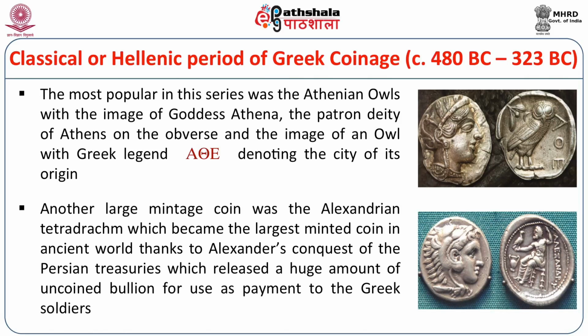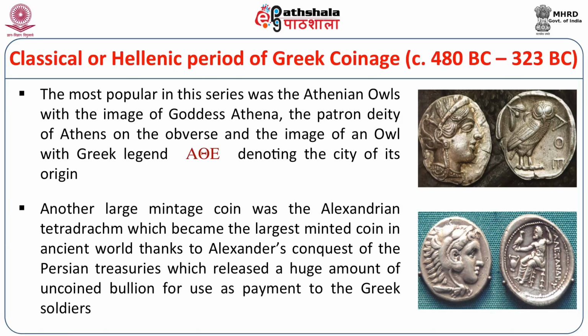And if you look very closely at this slide, you would see that the image of the owl is very well designed and executed on the coin itself. So this tells you that at about this period, the Greeks were very, very well skilled in this technology of die striking coins. And you can see fine features of the god or goddess or any figure on the coin.